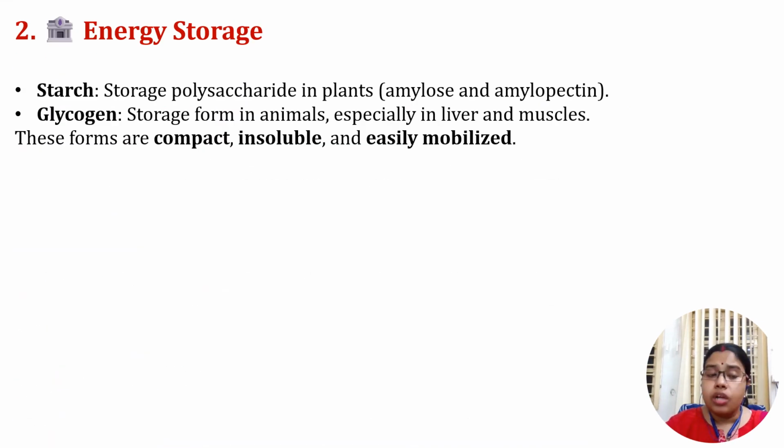Then it also acts as energy storage. In the plant body, carbohydrate is stored as polysaccharides, and in the animal body, carbohydrate is stored as glycogen, especially in the liver and muscle. These forms are compact, insoluble and easily mobilized.